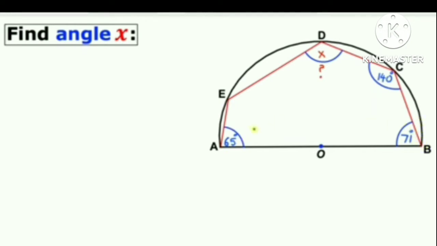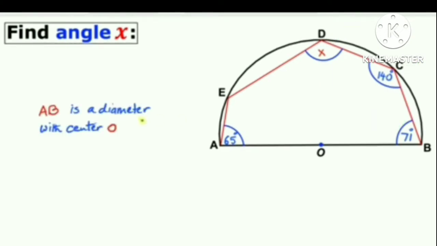Moreover, angle A is 65 degrees, angle B is 71 degrees, angle C is 140 degrees, and now we are going to calculate this angle X. Furthermore, AB is the diameter of this circle with the center O.